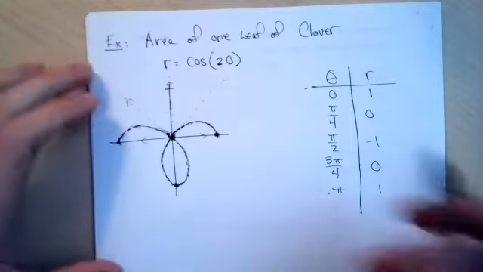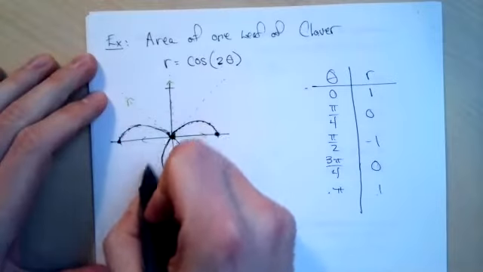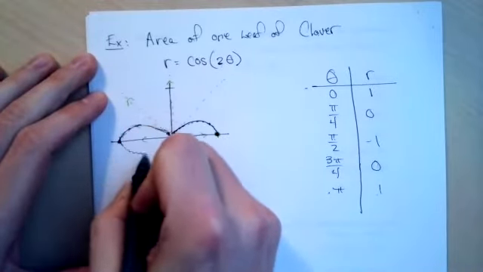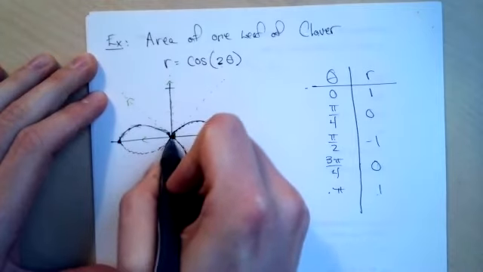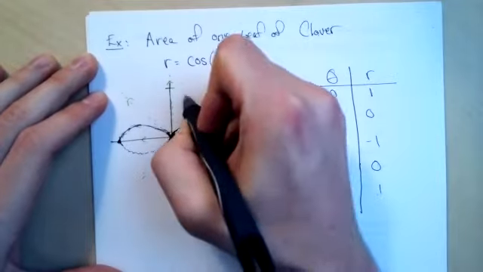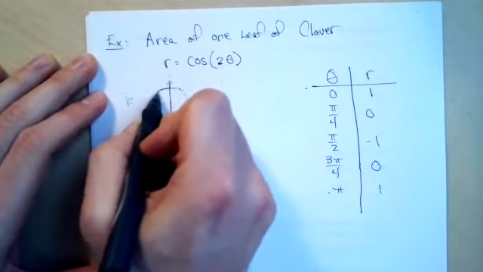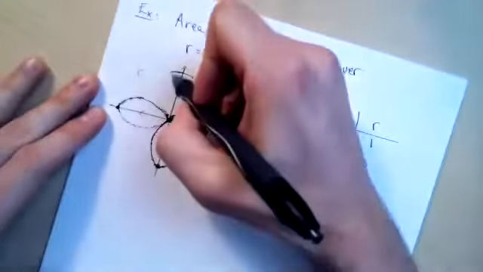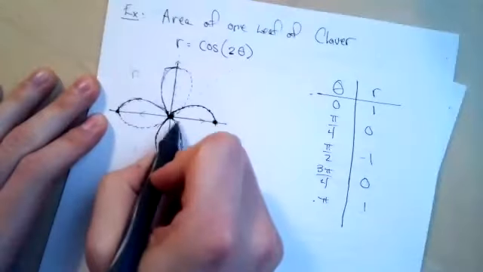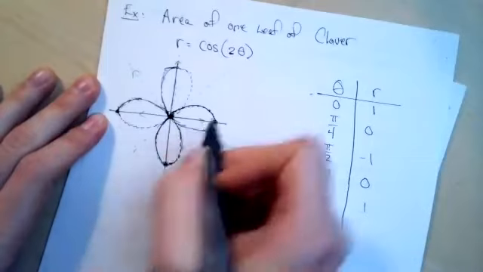If we were to keep going, the next value is going to be 0, and we'd be pointing this way. So we're coming in and we're decreasing to 0, pointing in the opposite direction. Then we're going to come up, hit the vertical loop, come down, and then close off the clover leaf.